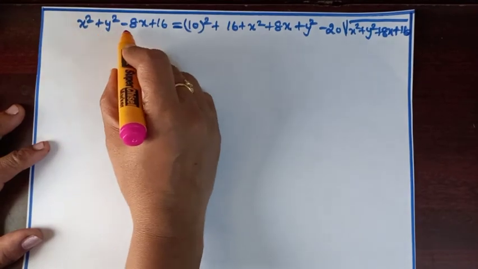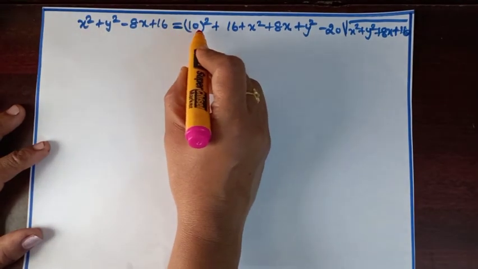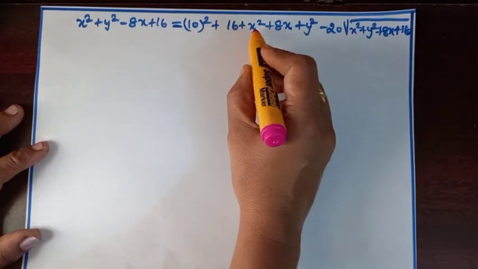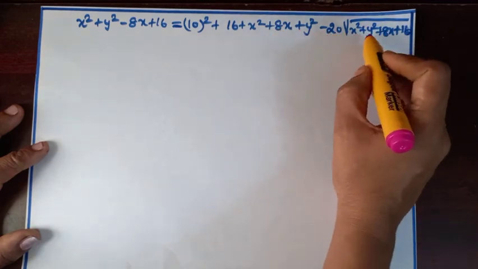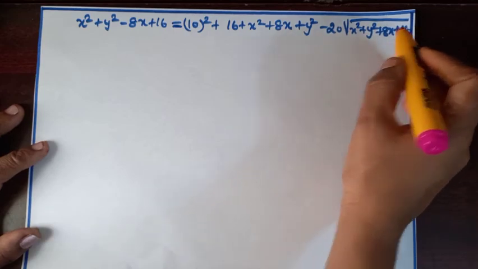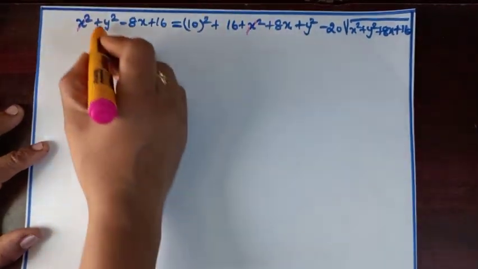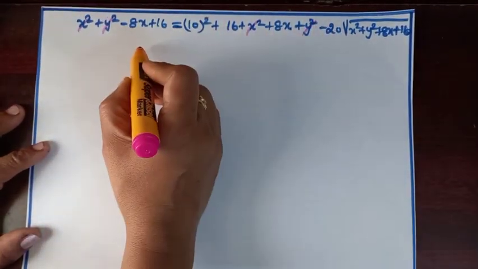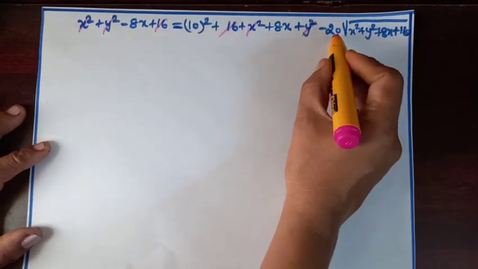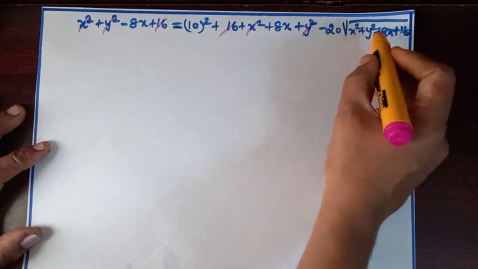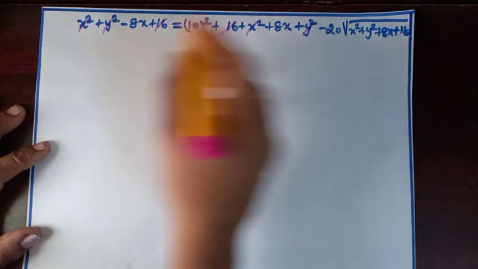x square plus y square minus 8x plus 16 equal to 10 square plus 16 plus x square plus 8x plus y square minus 20 root of x square plus y square plus 8x plus 16. x square will be cancelled, y square will be cancelled, plus 16 will be cancelled. Now I am going to bring minus 20 root of x square plus y square plus 8x plus 16 to the left hand side.